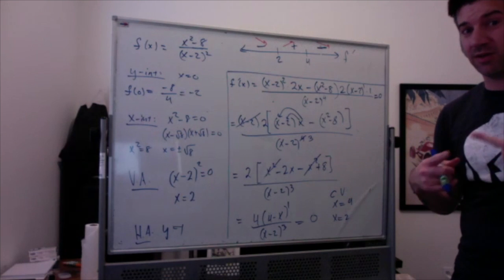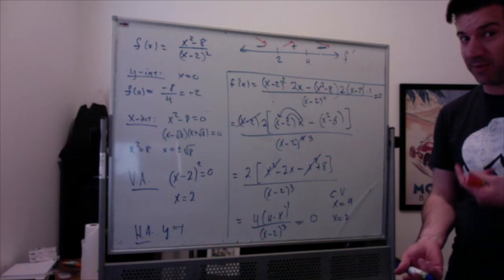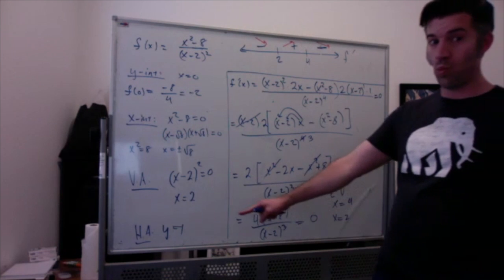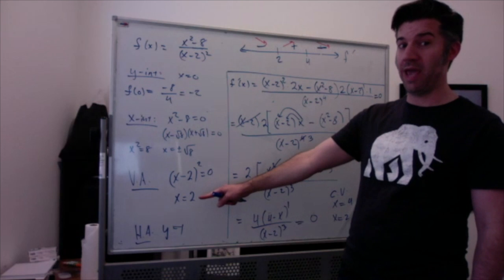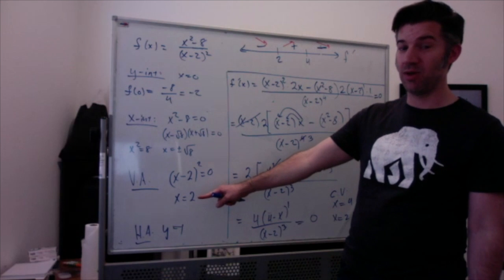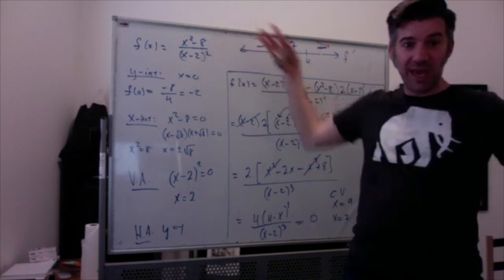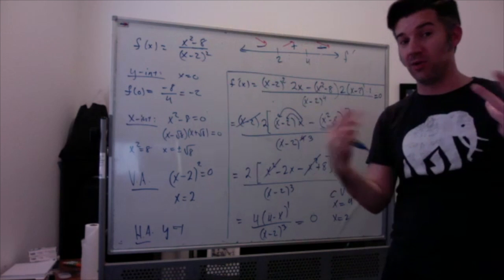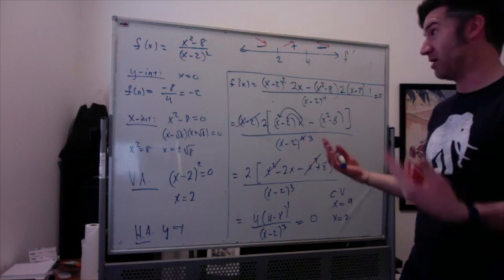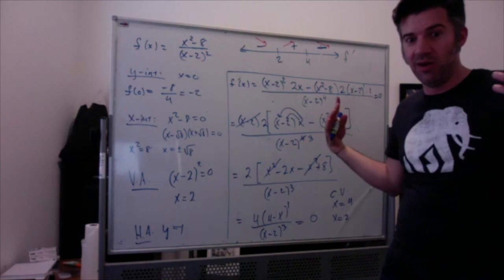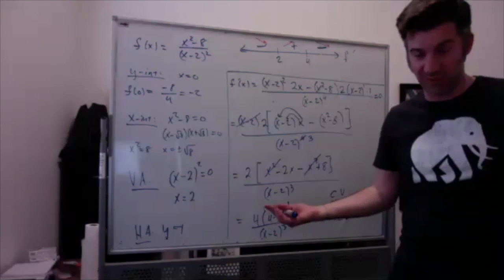And the reason I don't have a relative minimum at 2 is because what's really happening at 2? Oh yeah, there's a vertical asymptote at 2. The function is undefined at 2. That's why I tried to talk about the domain, like Will was saying in the beginning. The domain doesn't include 2, so we can't have any relative extreme at 2.